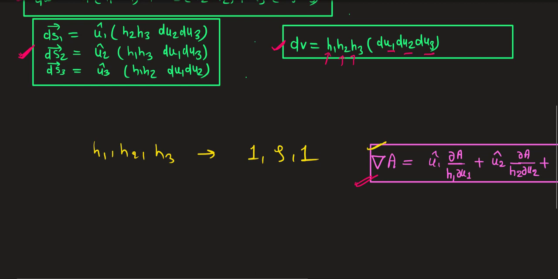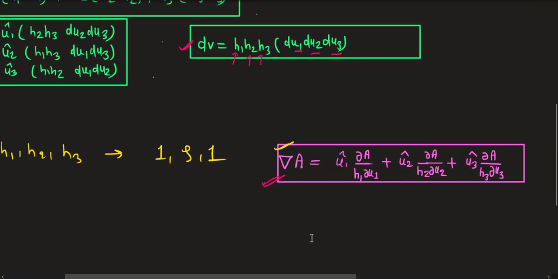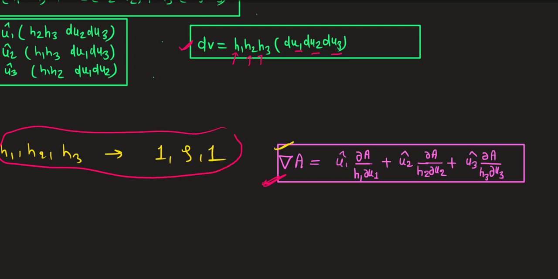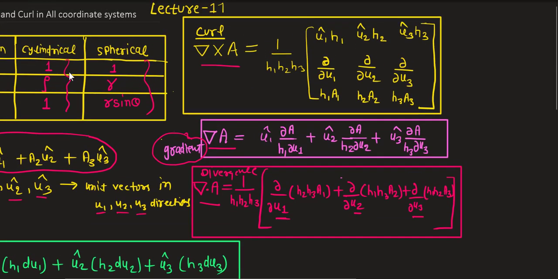Let's apply this formula for the cylindrical coordinate system. We saw that for the cylindrical coordinate system, h1, h2 and h3 are 1, rho and 1. You can see it from the table.